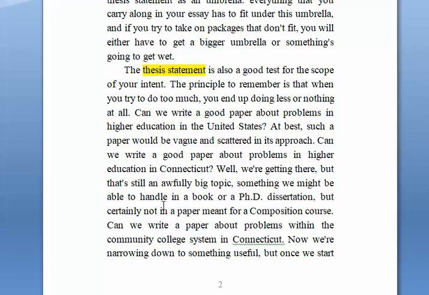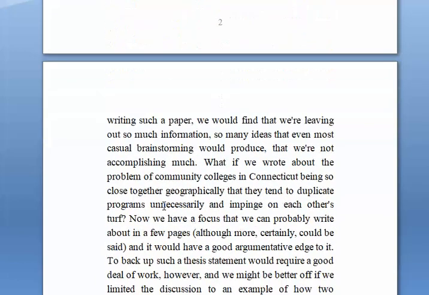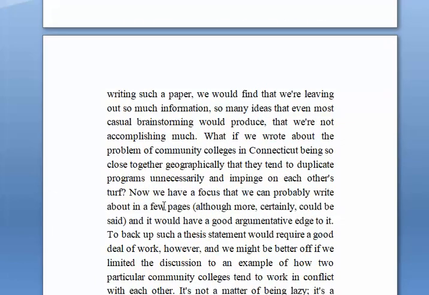Now we are narrowing down to something useful, but once we start writing such a paper, we would find that we are leaving out so much information.